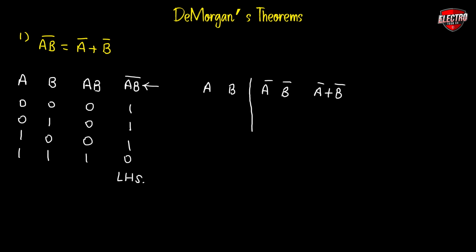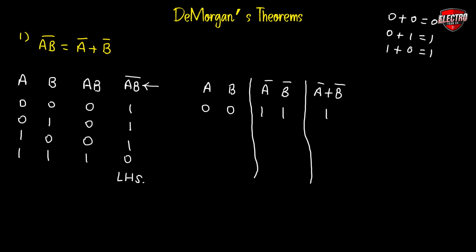For the first combination, 0 0, the complement of a is equal to 1, the complement of b is equal to 1, and if we add a complement plus b complement, then we get the final answer 1. 1 plus 1 is equal to 1. In the binary number system, we have 0 plus 0 is equal to 0, 0 plus 1 is equal to 1, 1 plus 0 is equal to 1, and 1 plus 1 is equal to 1.